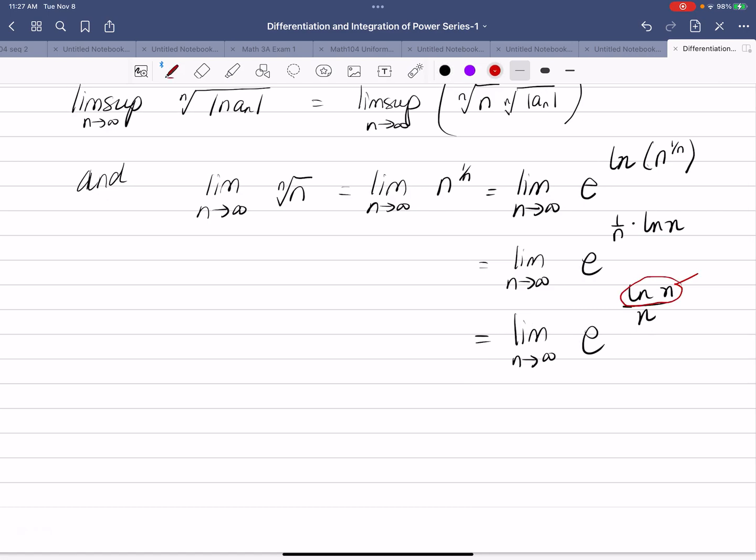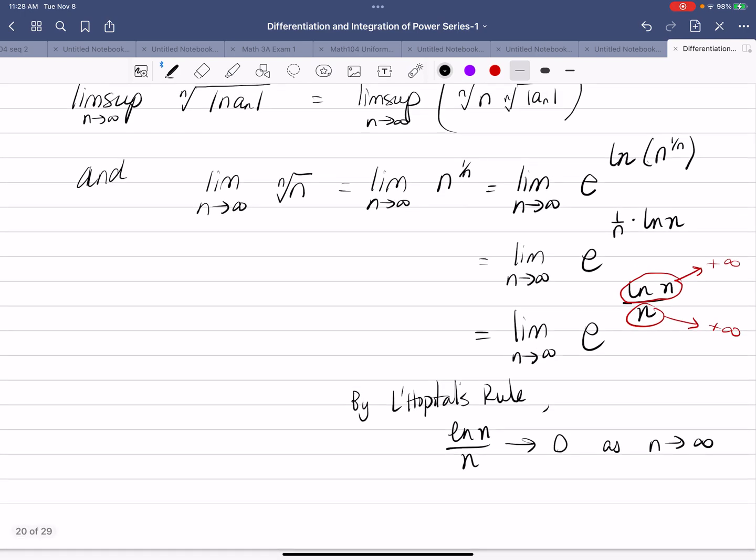As n goes to infinity, the numerator is going to go to plus infinity. The denominator is going to go to plus infinity, but logs grow so much slower than polynomials that this ratio is actually going to end up approaching 0. And we can use L'Hopital's rule to see that that ratio goes to 0. So by L'Hopital's rule, ln n over n goes to 0 as n goes to infinity.